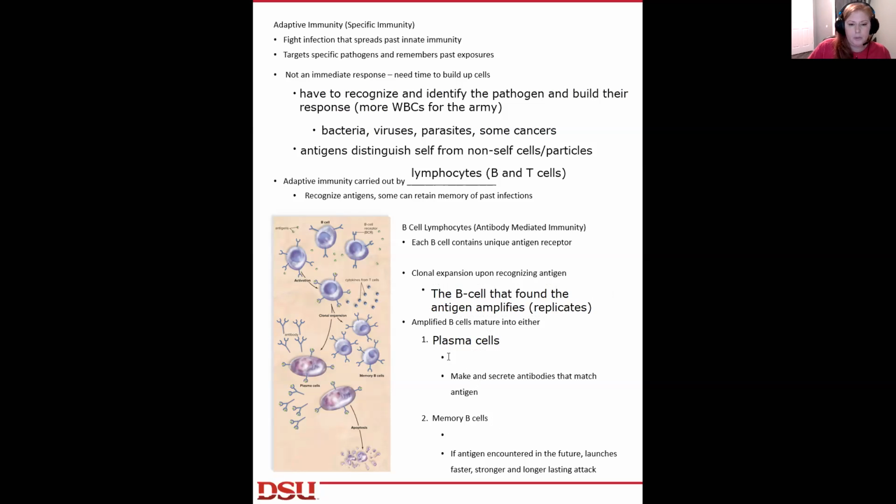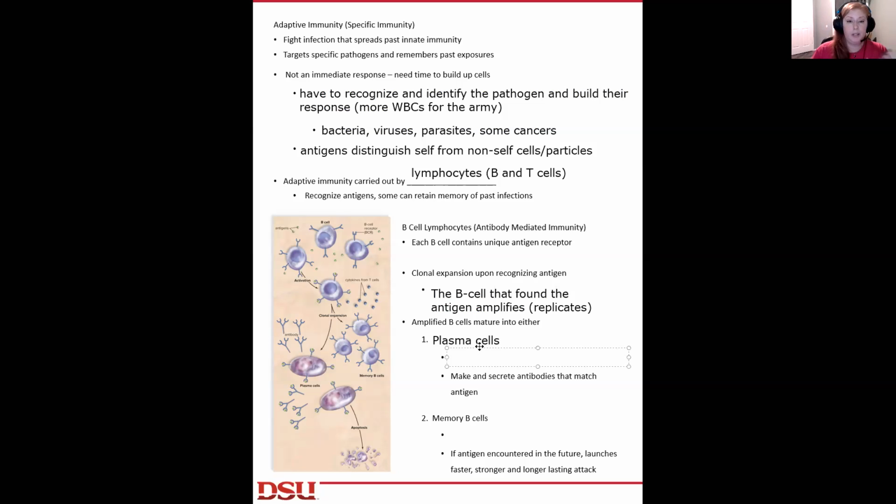Plasma cells, their job is to secrete antibodies that match the antigen. If you think about an antigen and an antibody as puzzle pieces that have to fit together, the plasma cells are responsible for creating antibodies that have the correct structure and composition to attach to the antigens.